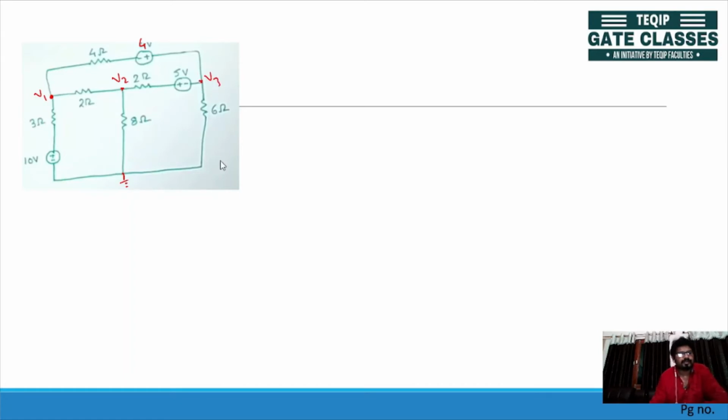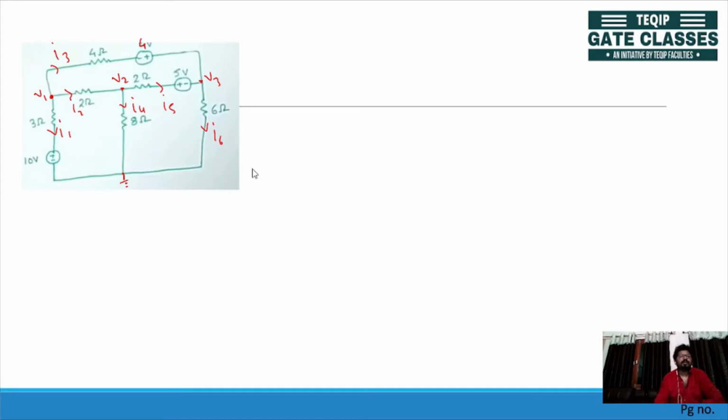Then apply KCL. Assume the branch currents. Suppose I1 here, here I2, and in this branch suppose current I3. In this branch suppose this is I4. In this branch suppose this is I5. And in this branch suppose this is I6.